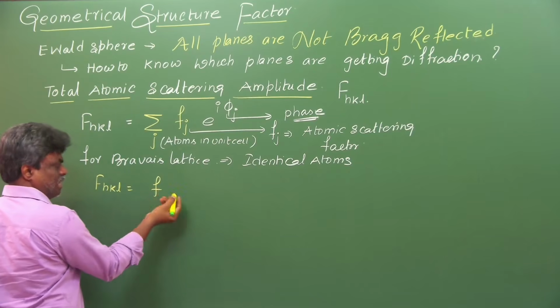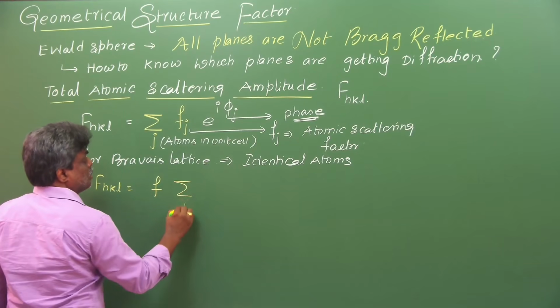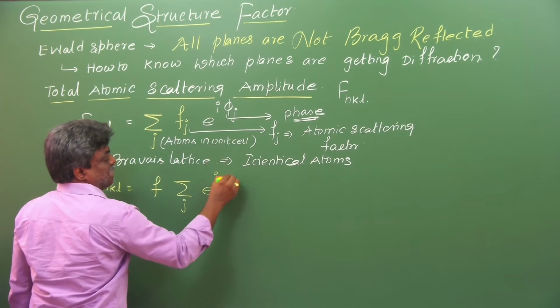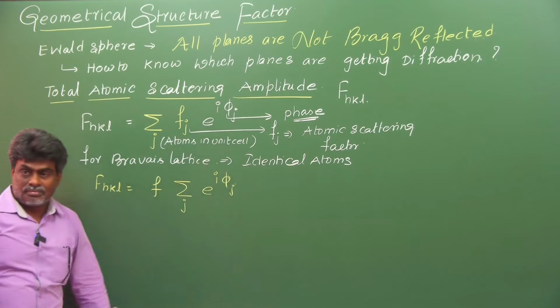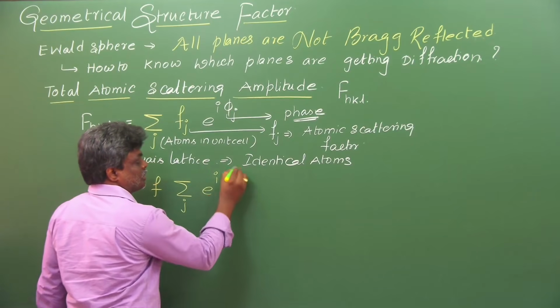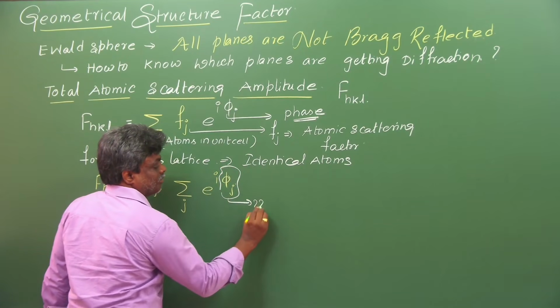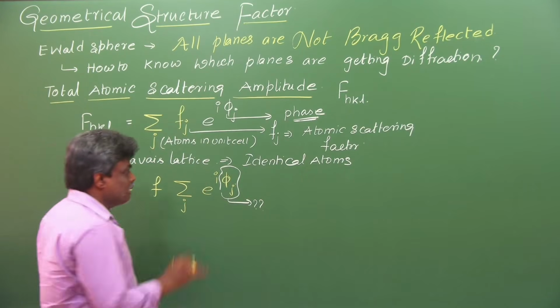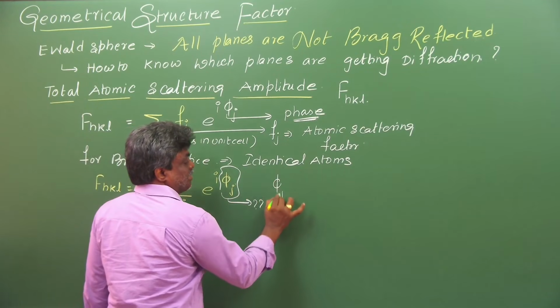You can write Fj or F, no issue. Summation over j, keep it as it is, e raised to i phi j. Is it okay? That's good. Now let us focus on this. Up to this, no doubt, I hope. So what is this phi j, the phase?